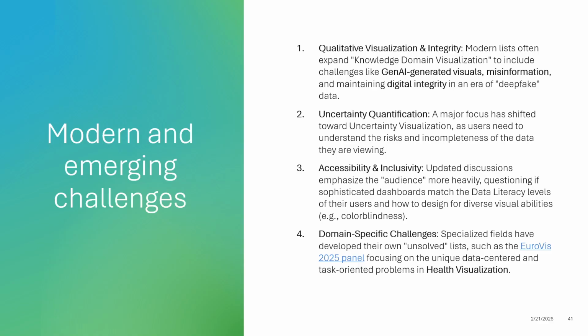That uncertainty in quantification: users need to understand the risk and incompleteness of the data that they are viewing, because we used to think that data is complete, but remember that data is just collected in one way.